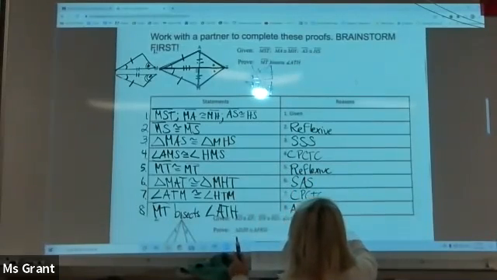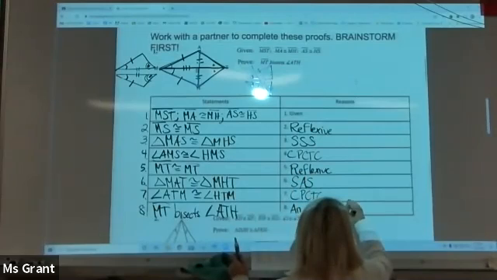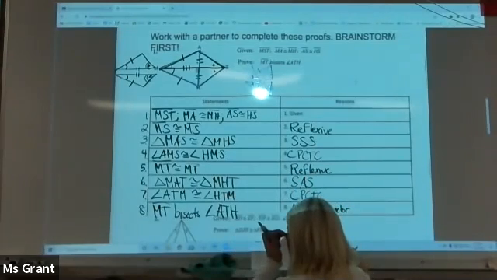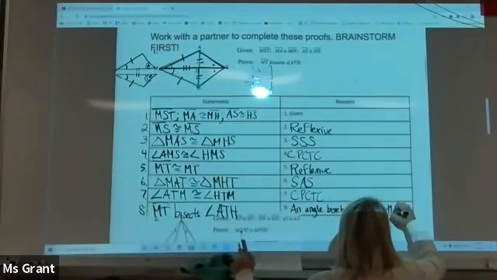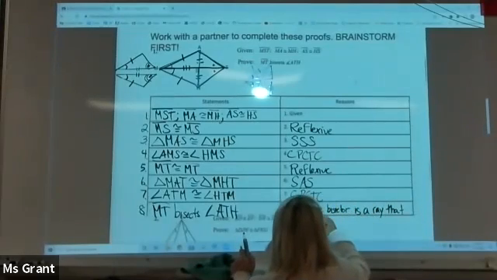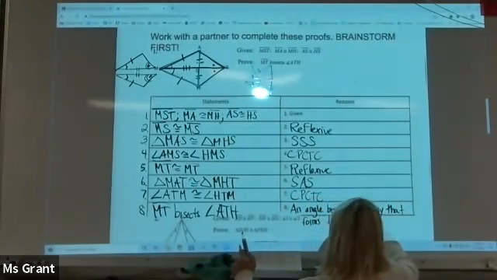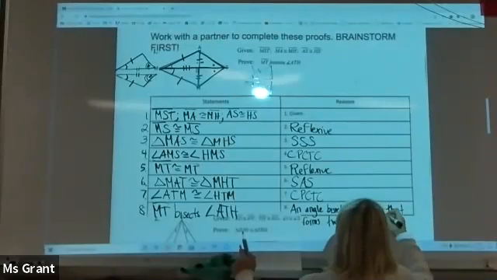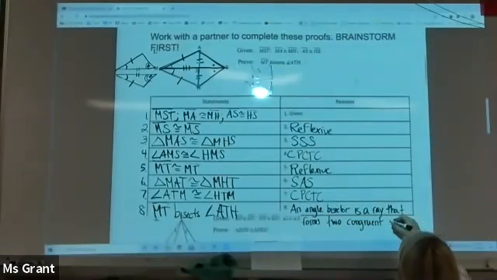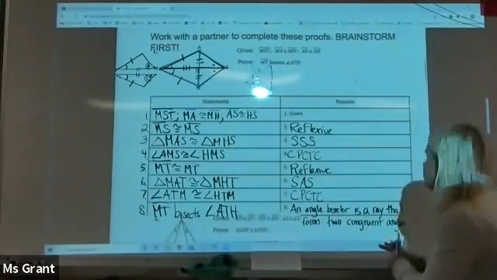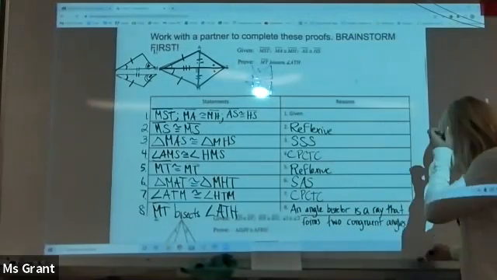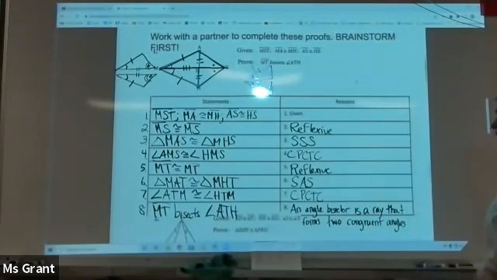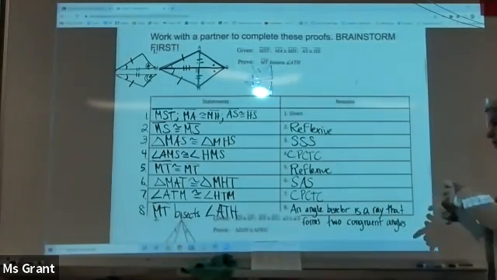An angle bisector, right, really small, there's a lot of words, is a ray that forms two congruent angles. Okay, and with that, we are done.